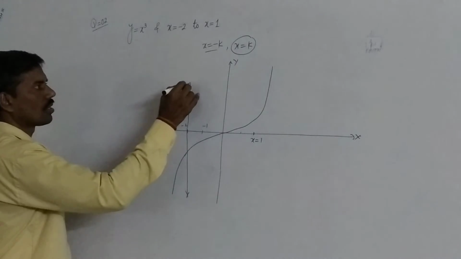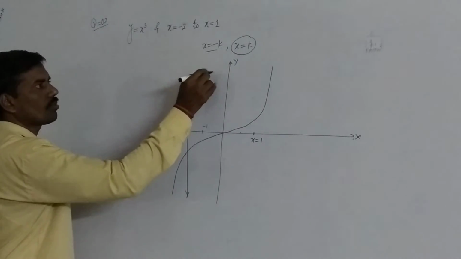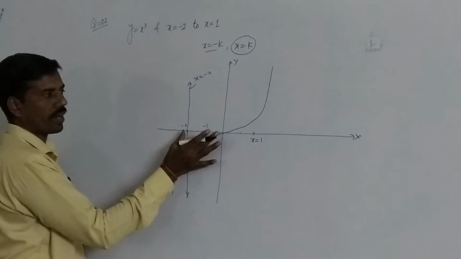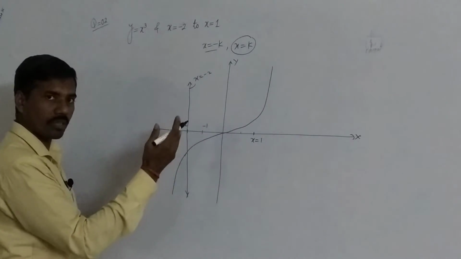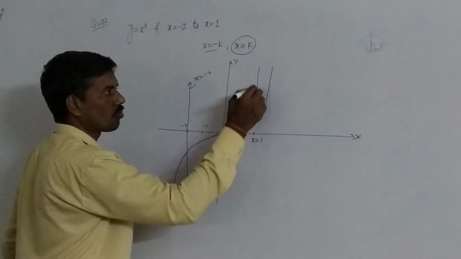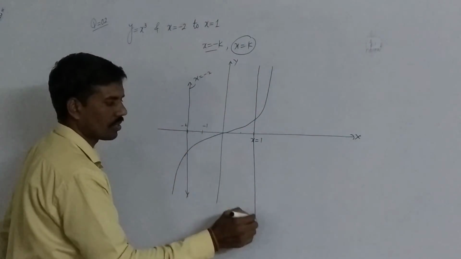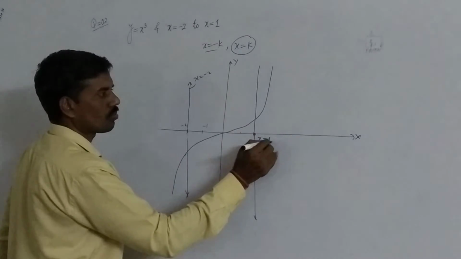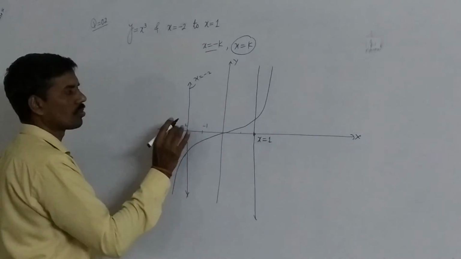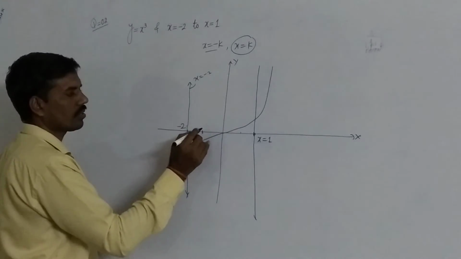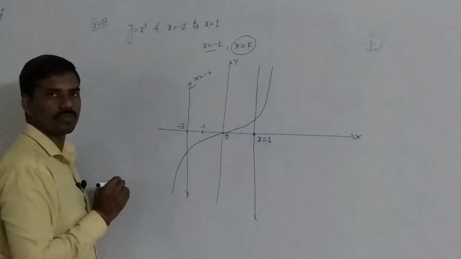This one is x is equal to minus 2, parallel to the y axis at a distance of minus 2, meaning the left hand side of the y axis. The second one is x is equal to 1. This one is x is equal to 1, x is equal to minus 2, this is minus 2, this is minus 1, this is 0.